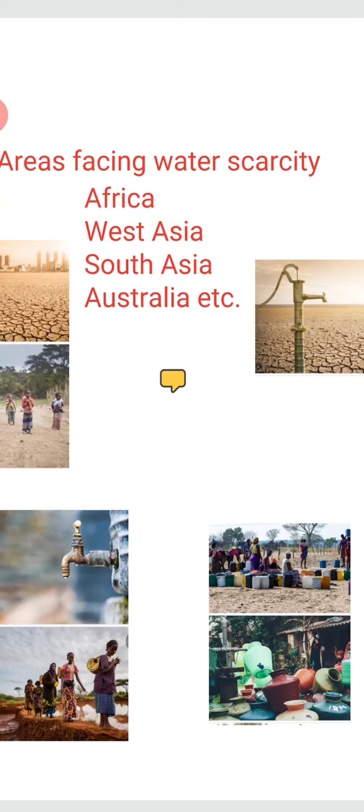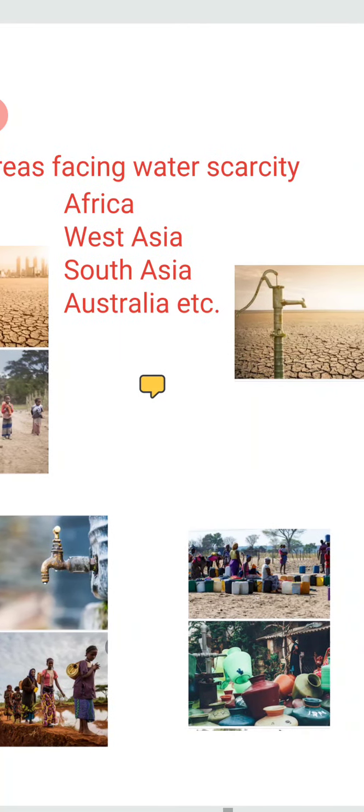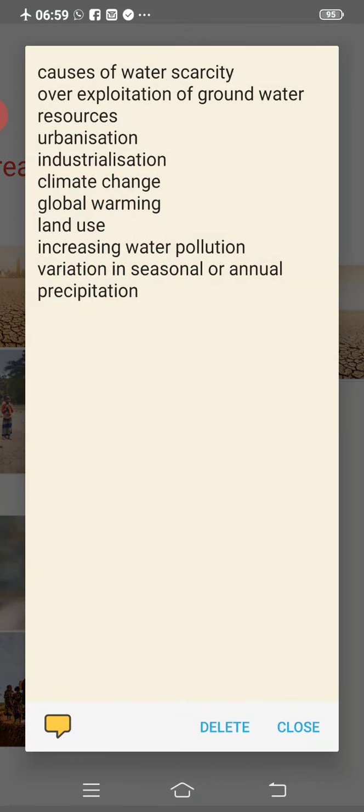Most of Africa, West Asia, South Asia, some parts of Western USA, Northwest Mexico, parts of South America, and entire Australia are facing a shortage in fresh water supply. These areas are mostly located near the climatic zones and they face drought, where there is a lack of rain and a problem of fresh water.